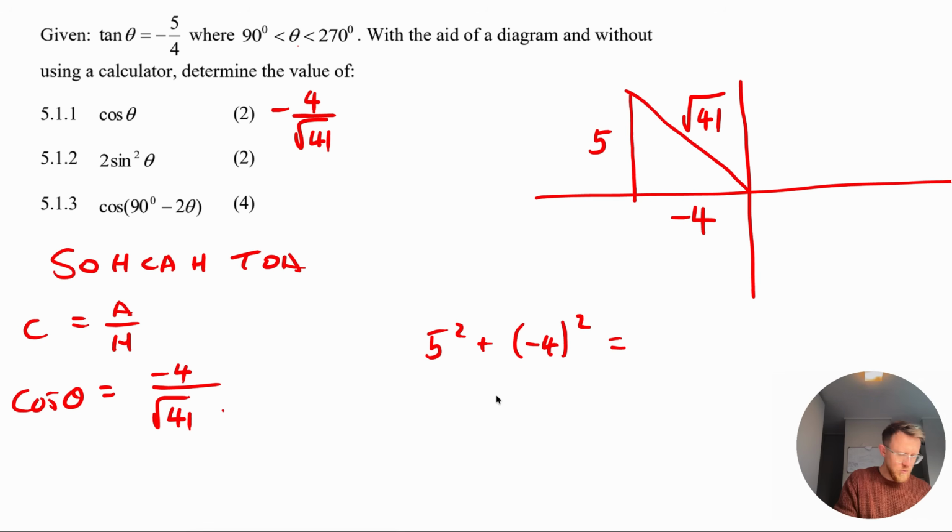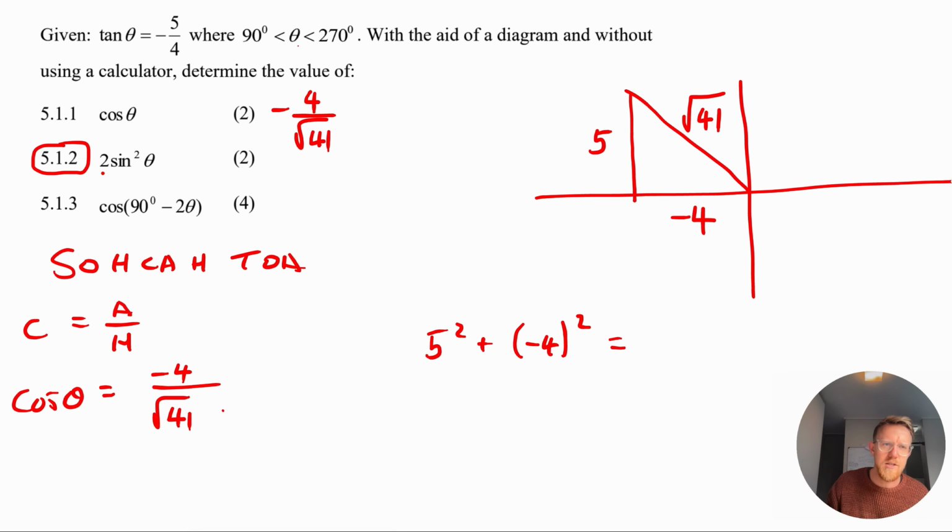Just as an example, if you did type that in on the calculator, it would give you 4 square root 41 over 41, but then you're giving it away to the teacher that you've used your calculator. So this and the calculator version are both correct mathematically, but calculators will never have a square root in the denominator because they use that process of rationalizing the denominator.